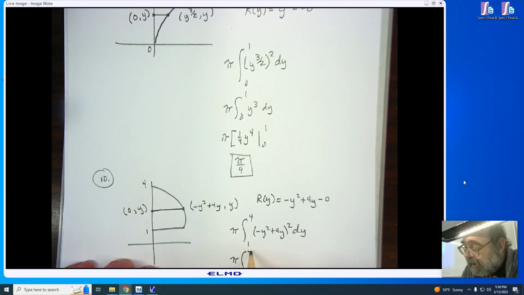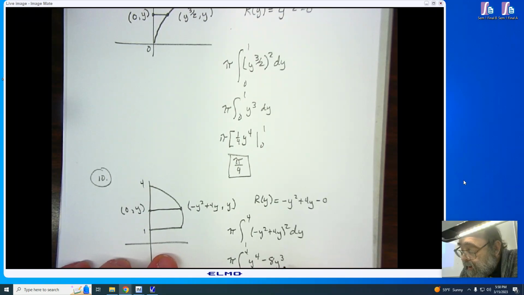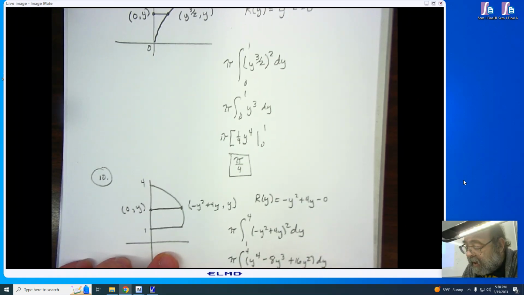I'm going to end up getting y to the 4th minus 8y cubed. Let's see, then I'm going to have plus 16y squared dy.